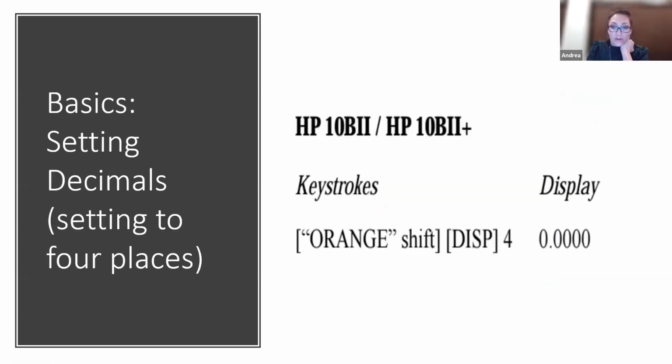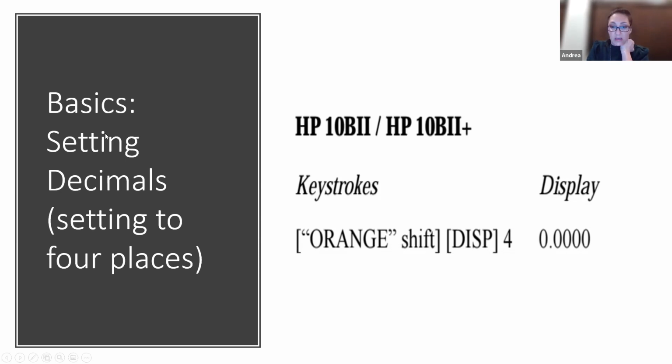The first thing I want to do is have you set your decimals on your calculator. The book generally will recommend that you set your calculator to 4 places, and you'll see that the answers displayed are going to go out 4 places. So this is how you're going to do it. You hit your orange shift button, and then you hit the display button.